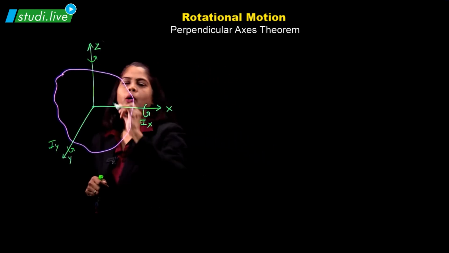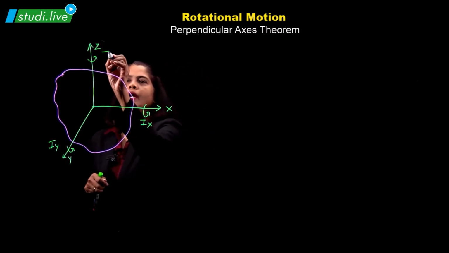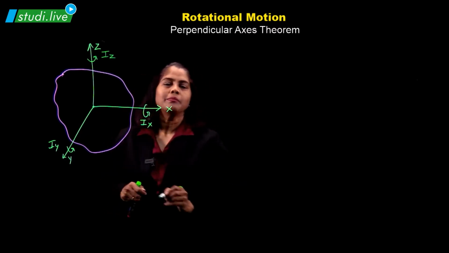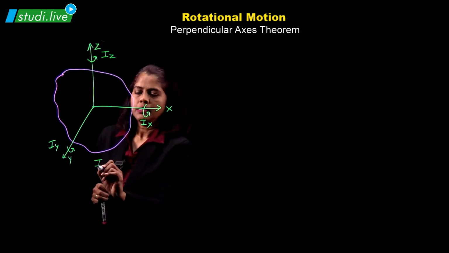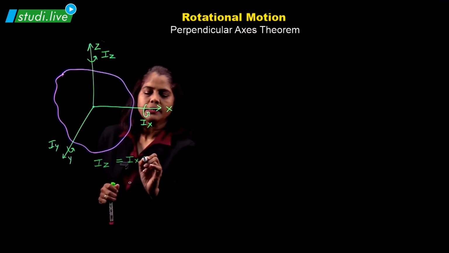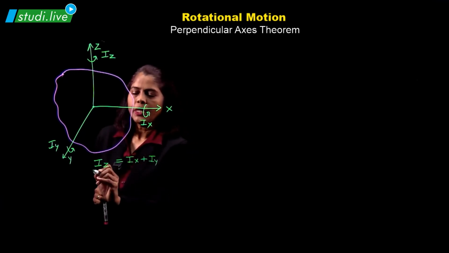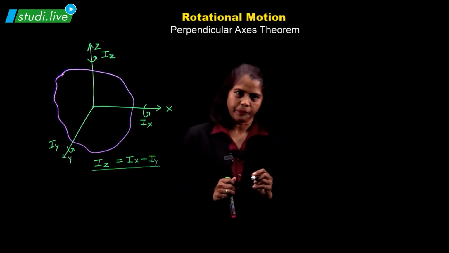And when you rotate about z-axis, which is perpendicular to the plane, it will be Iz. Then this theorem says that Iz is equal to Ix plus Iy. This theorem is the perpendicular axis theorem.